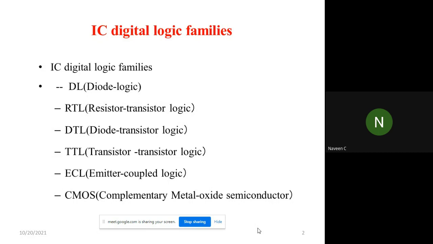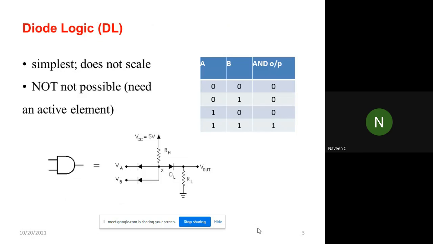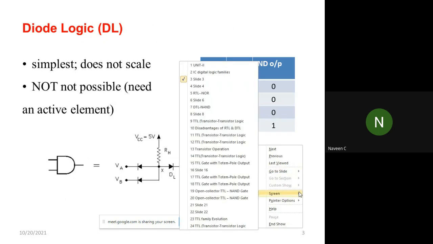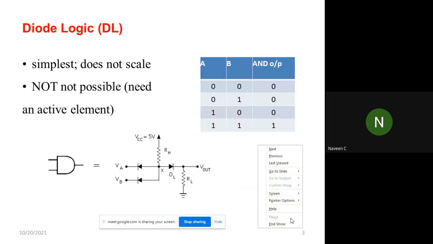Okay. So the first logic is diode logic. You can see here how we have to form a circuit which will form some logic, for example AND logic.